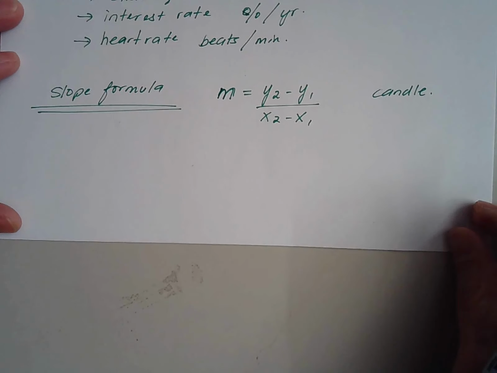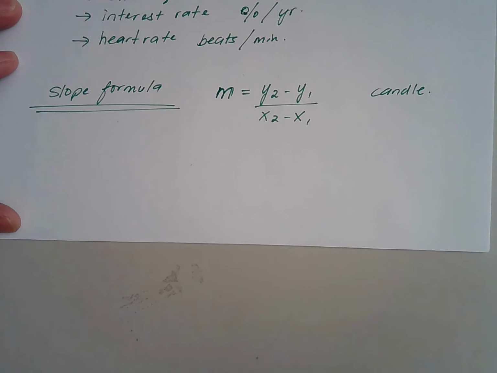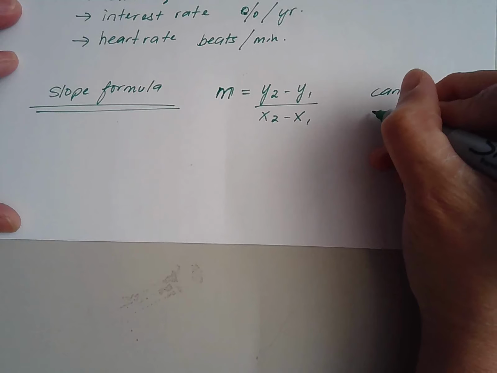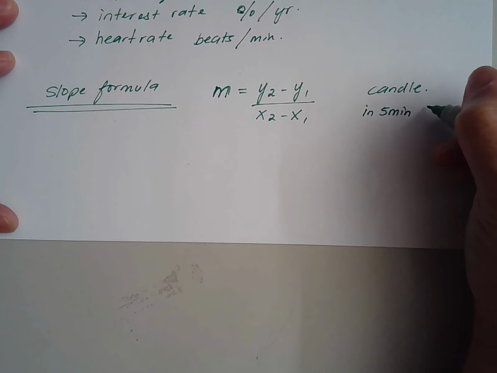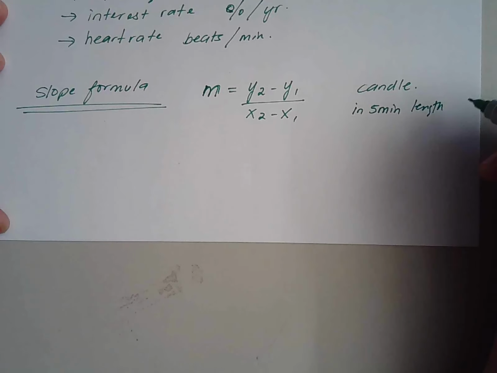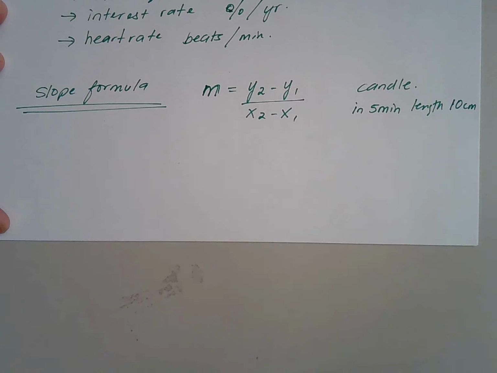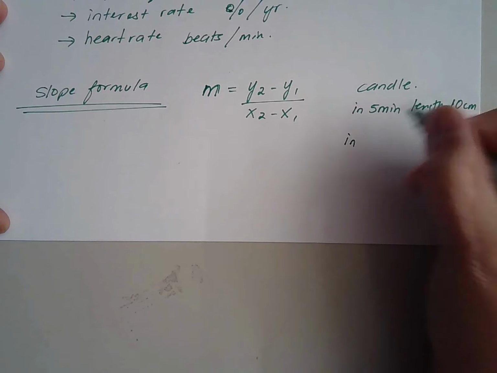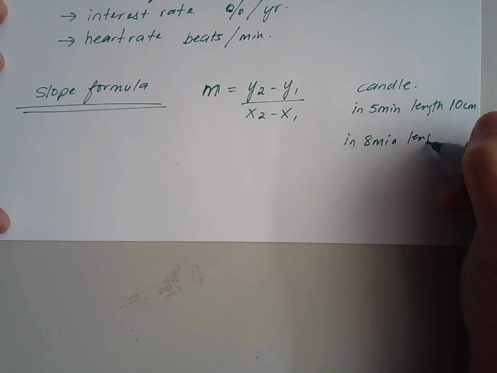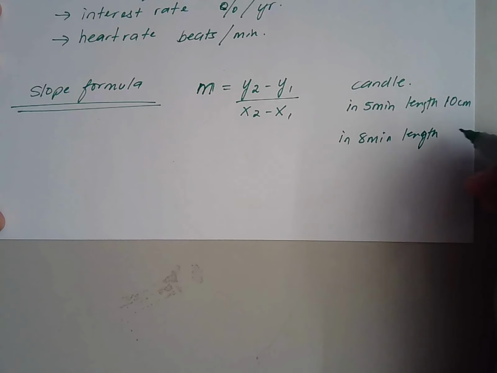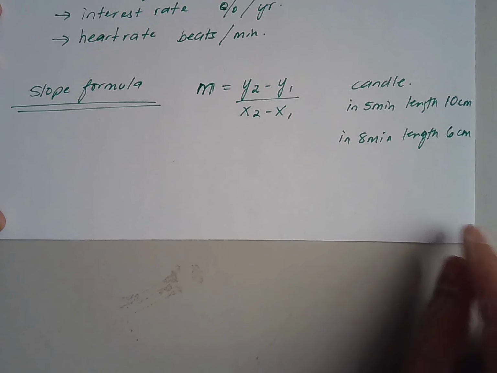I'm going to do another candle. Here's a candle burning. In 5 minutes, the length is, I'll just make it up, 10 centimeters. It's not the same candle, obviously. In 8 minutes, the length is 6 centimeters.